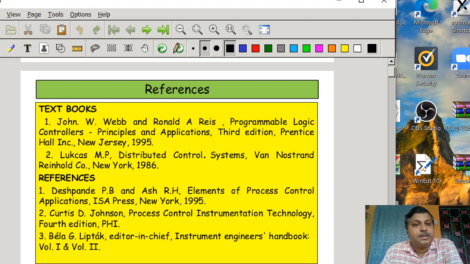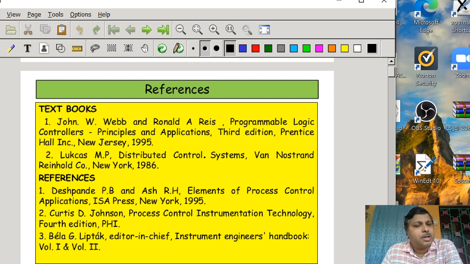And to understand the distributed control system, we are going to discuss the book by M.P. Lucas, and along with that some other books like The Elements of Process Control by Deshpande, Process Control Instrumentation Technology by Curtis Johnson, and also the Instrumentation Engineers' Handbook by Liptak. These are the books we are going to follow.